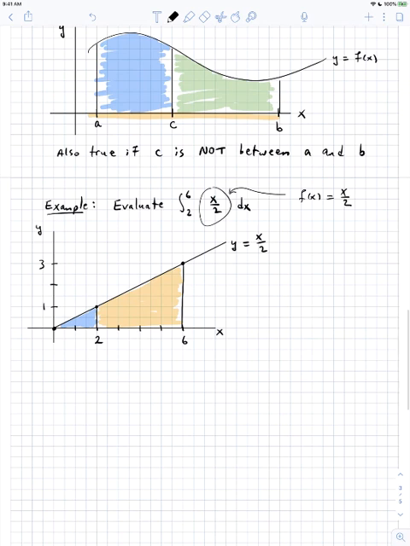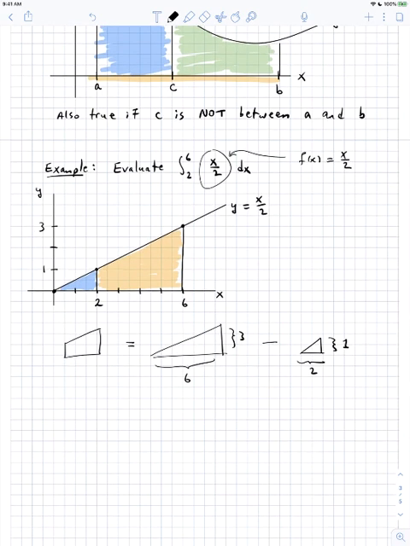So geometrically, the area of our trapezoid is equal to the area of our big triangle minus the area of our smaller blue triangle. And we can actually compute all of these very easily, because for the big triangle, the base is 6 and the height is 3, and for the small triangle, the base is 2 and the height is 1.